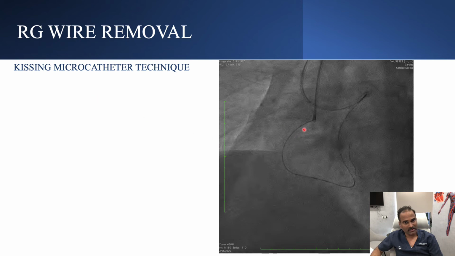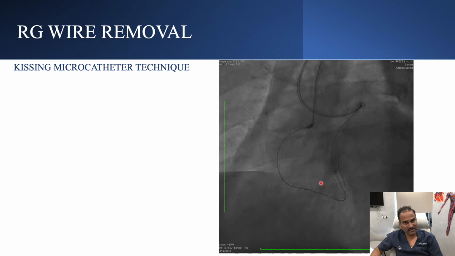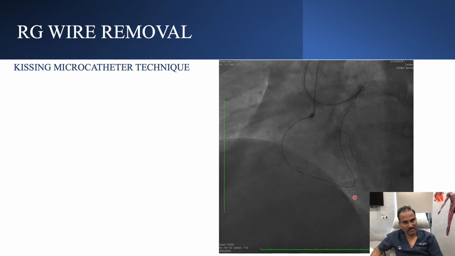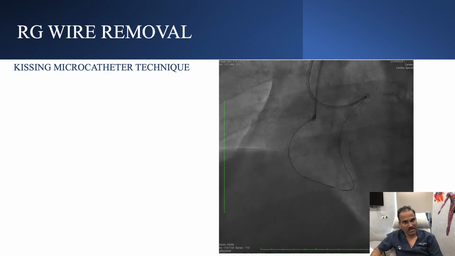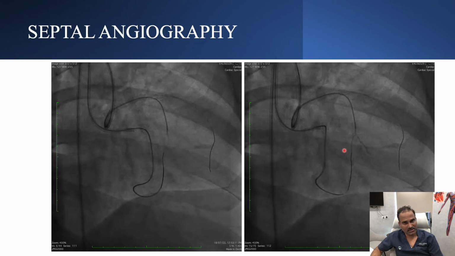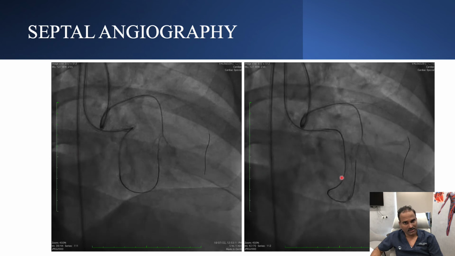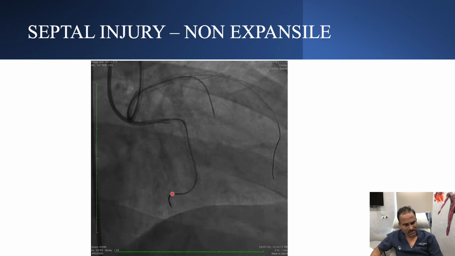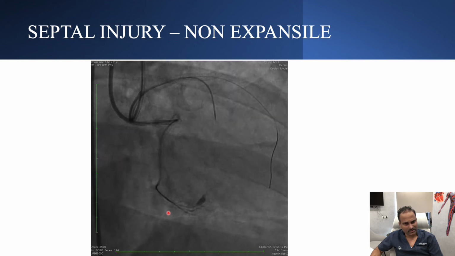and later we removed the retrograde wire with a kissing microcatheter technique. You can see here 2 microcatheters are close by, and then we can retrieve the RG wire without any injury to the tissues. And after RG wire removal, we checked the septal angiogram. So there is no issue except some issue here, and then we injected through the microcatheter from the RCA.